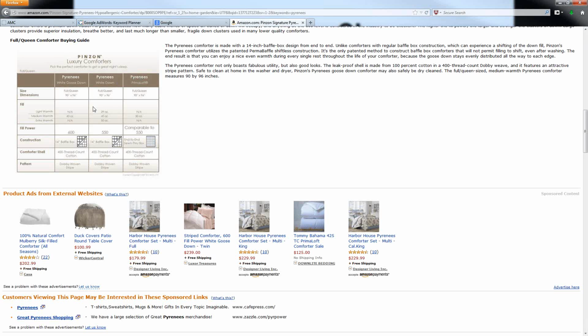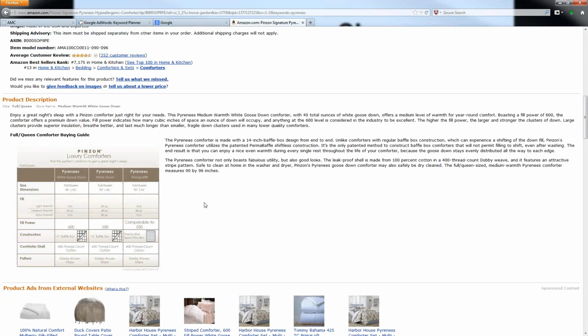So these names could be well worth looking into a little bit more to see if there's any information out there about what these actually are, because if you read through the descriptions that they offer you here, they really don't tell you much of anything specific about the actual down that is going inside of their comforter and what these different names mean.